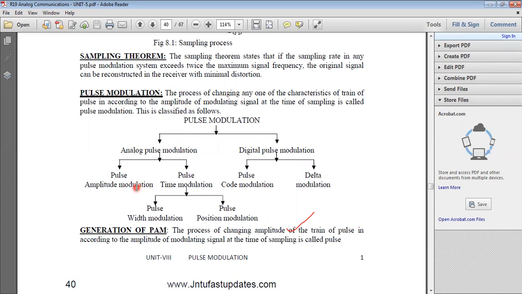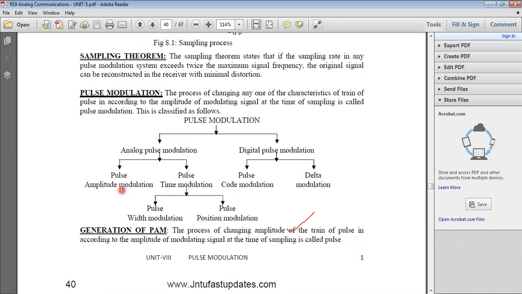If we change the amplitude of the pulse according to the amplitude of the modulating signal, then it is called PAM. So in our syllabus we have PAM, PWM and PPM. These three techniques.